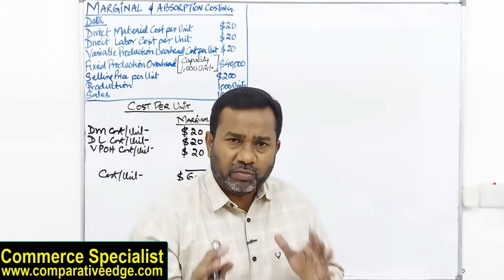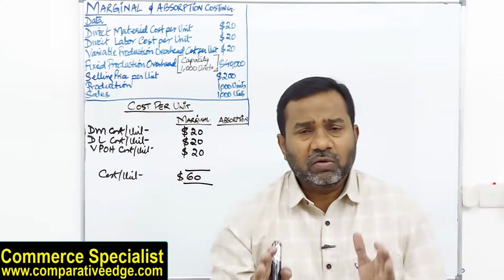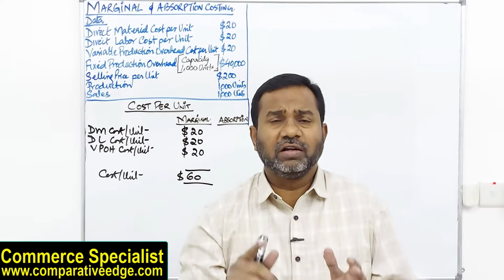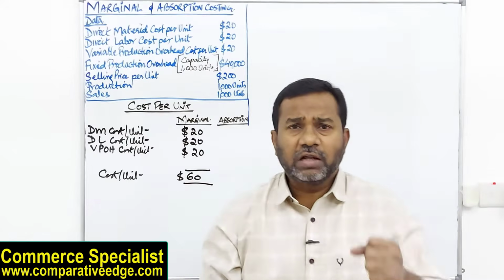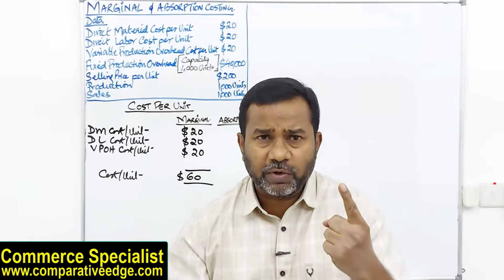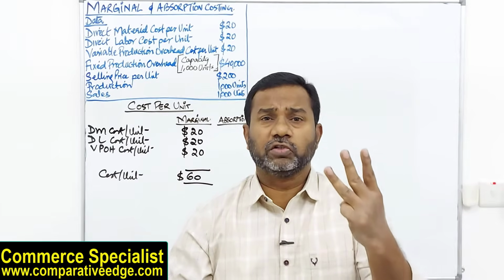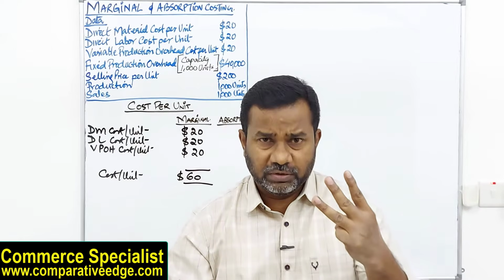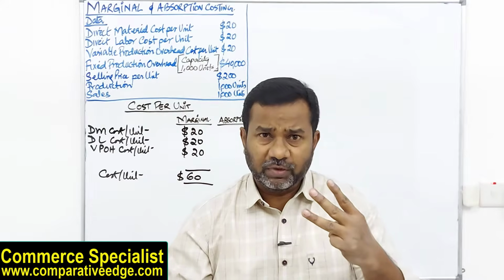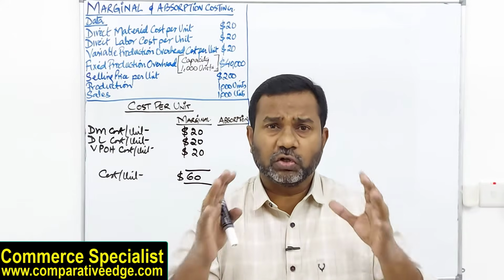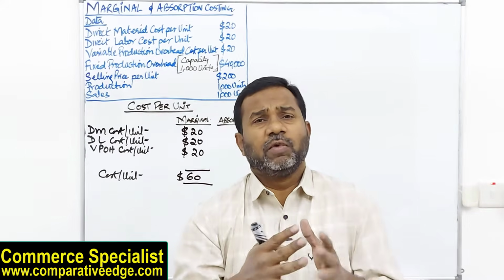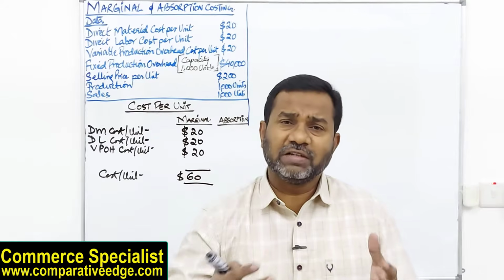So please remember, if you are calculating cost per unit under marginal costing, you've got to take direct material cost per unit, direct labor cost per unit, and variable production overhead cost per unit. These are mandatory. You have to search the question further. Obviously, if variable production overhead cost per unit is not given, that's different.